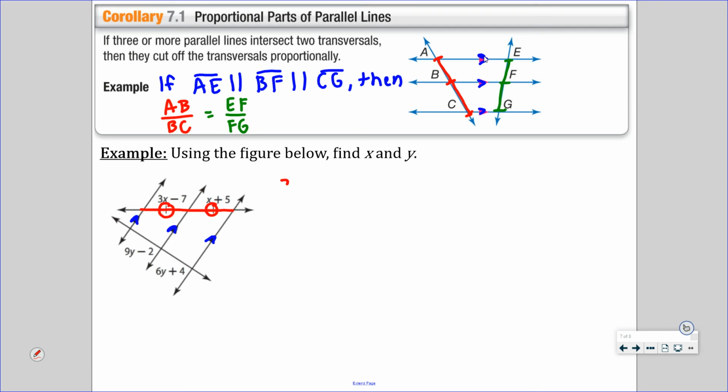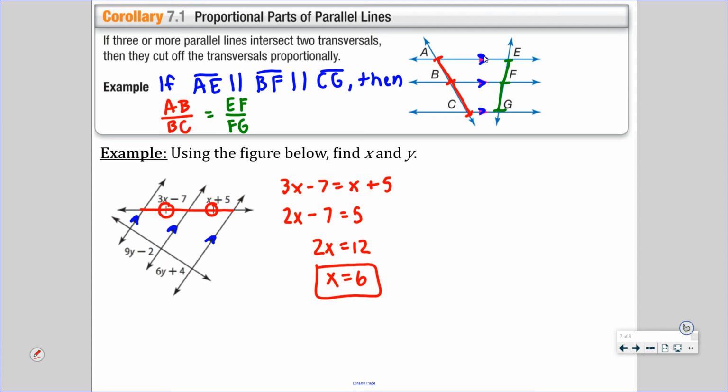So an easy way to find x is because they marked that those are congruent, would be set them equal to each other because they have to be the same length. All right, we can solve this. X is 6. Awesome.